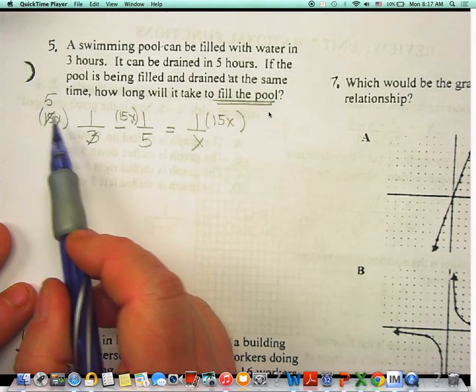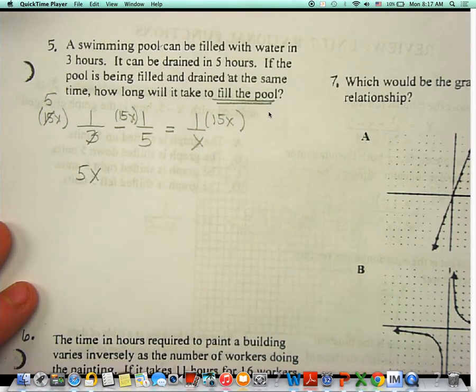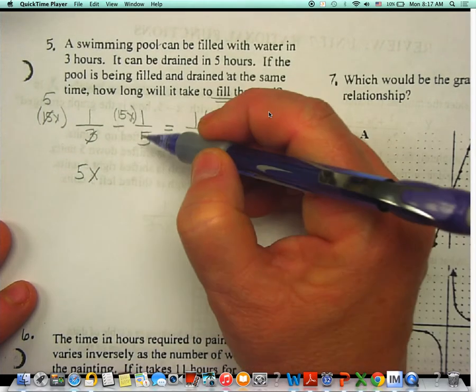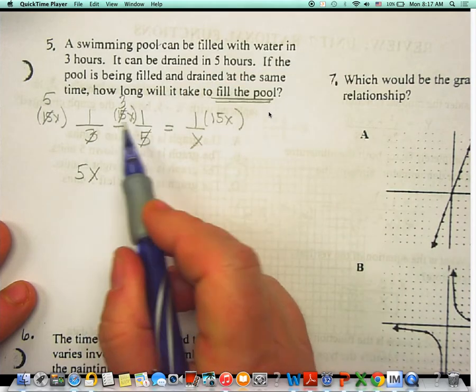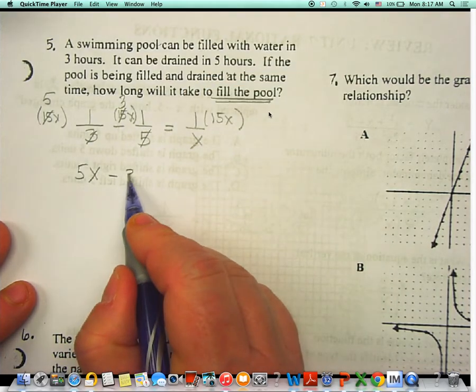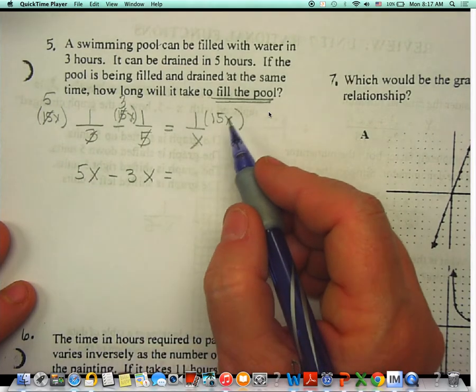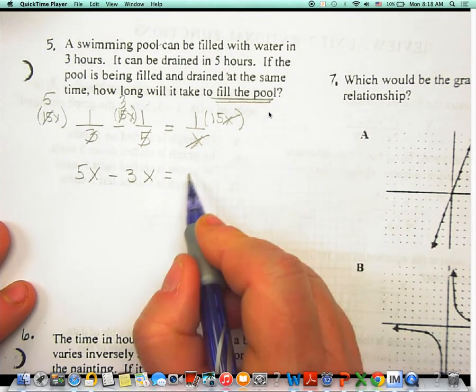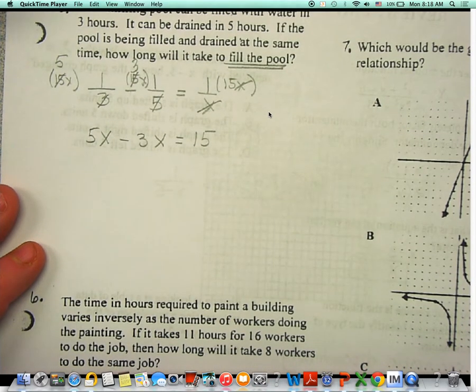So we have 5 times x times 1, which is 5x. Then 5 goes into 15 3 times. So 3 times x times 1 is 3x. Okay, what cancels out here? X. So that equals 15.